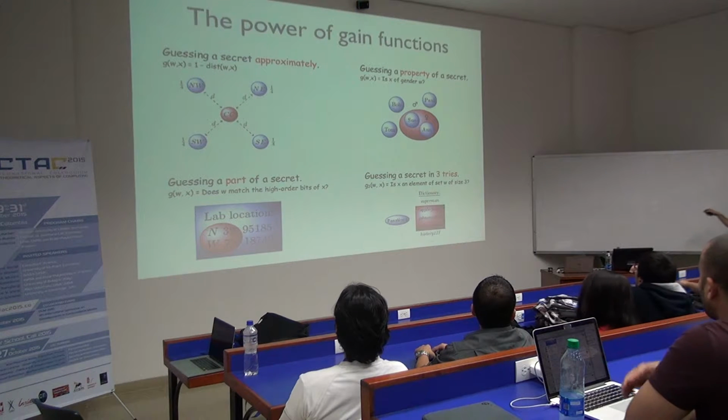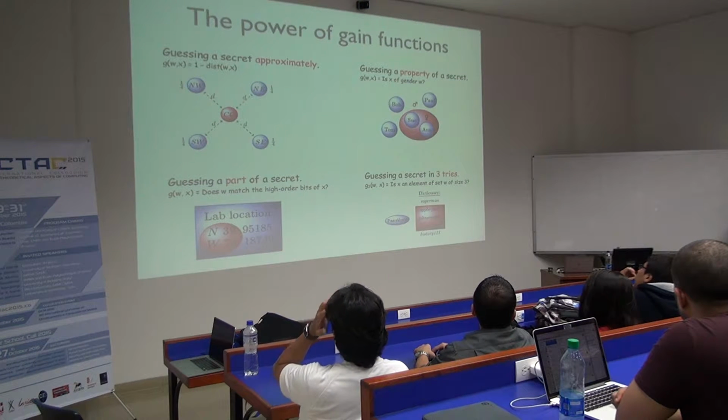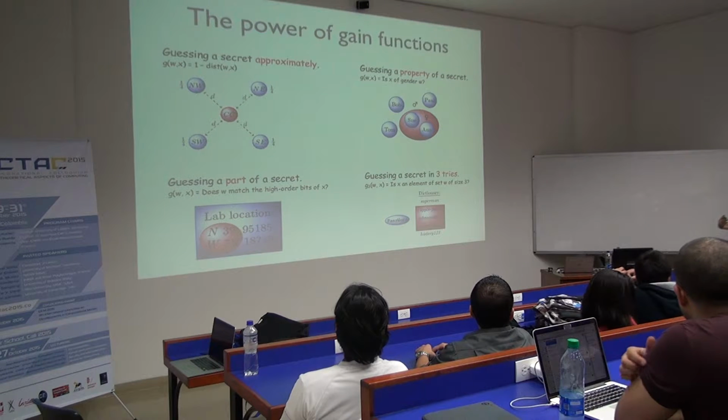In this case, the guess is a subset of the secrets. And of course, if the actual secret happens to be in the set I chose, then I get gain 1. Otherwise, gain 0. So I'm happy if I just guess the property of the secret, not the actual secret.